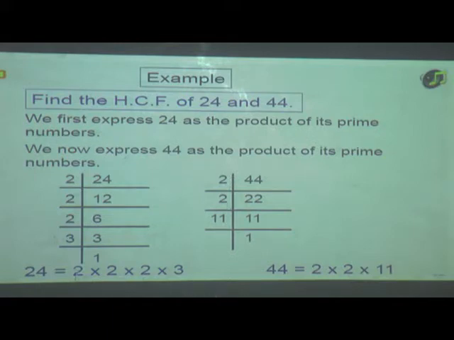Now we are going to express these as products of prime numbers. 24 is equal to 2 into 2 into 2 into 3, and 44 is equal to 2 into 2 into 11. Where did we get this from? We got this from the prime factors of the given numbers.